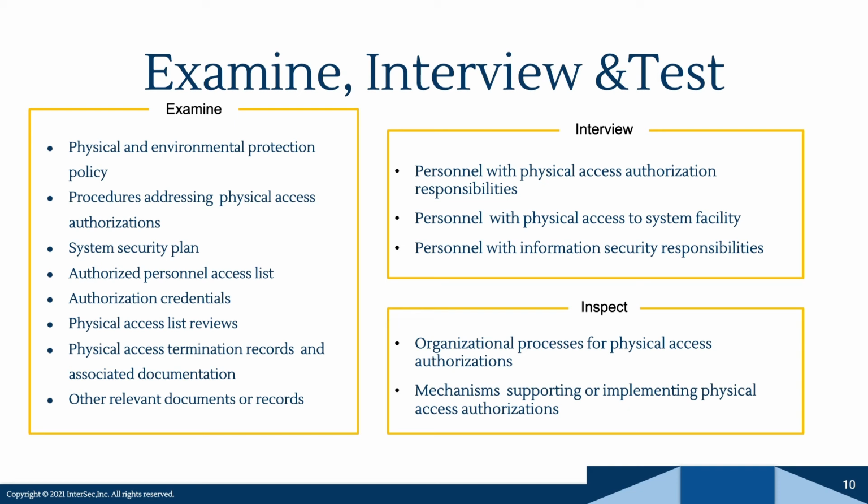For the interview, they might look for personnel with physical access authorization responsibilities, or personnel with physical access to the system facility to interview them. And for the inspect method, they might look at your organizational processes for physical access authorizations. Though, keep in mind that this list or more could be looked at for each of these methods.